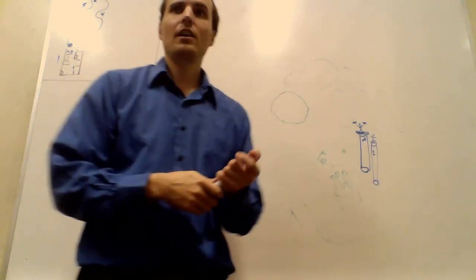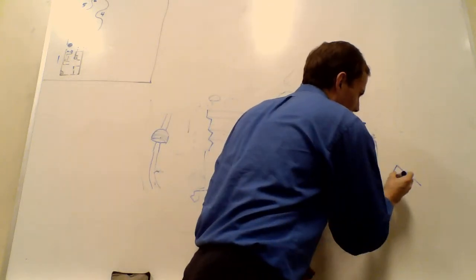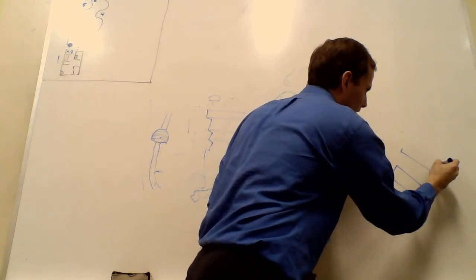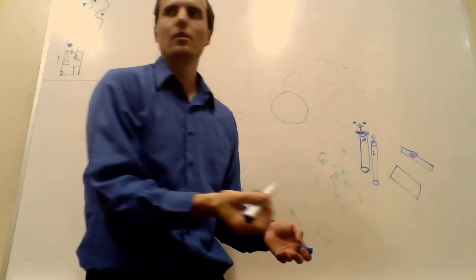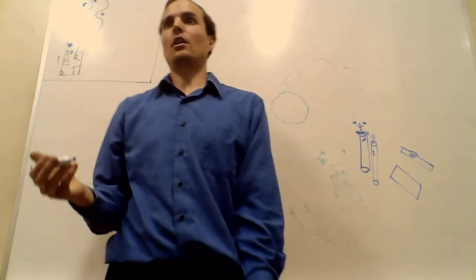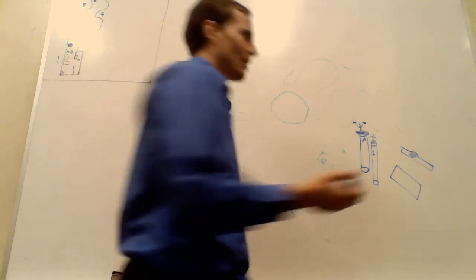And for me, a squamous cell looks like a rectangle from the side, with a nucleus right there. So he's standing on a squamous cell, and that's because this is squamous cell carcinoma.